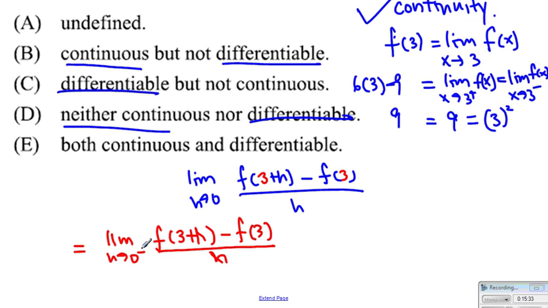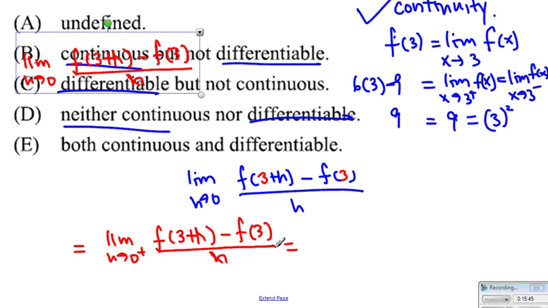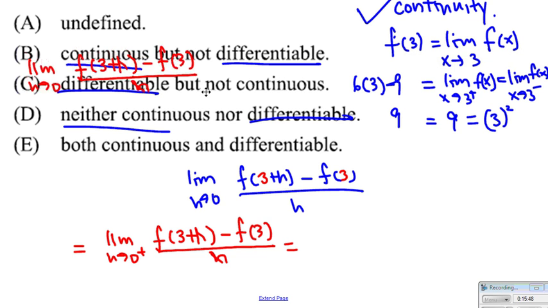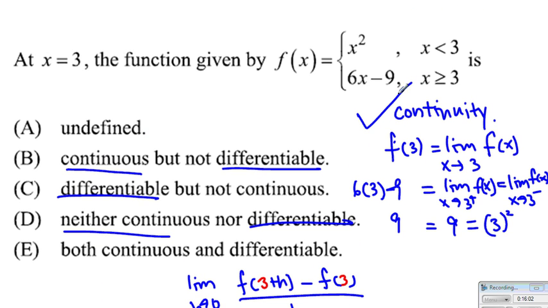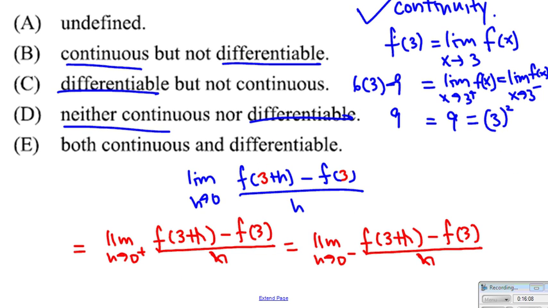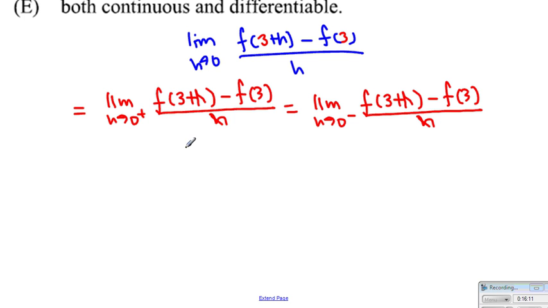Now, this one has to be from the positive. The other one is the same thing but from the left. If h is positive, then we are looking at the expression that's greater than 3. So we're looking at the slope from the right side, because this difference quotient is essentially the slope.